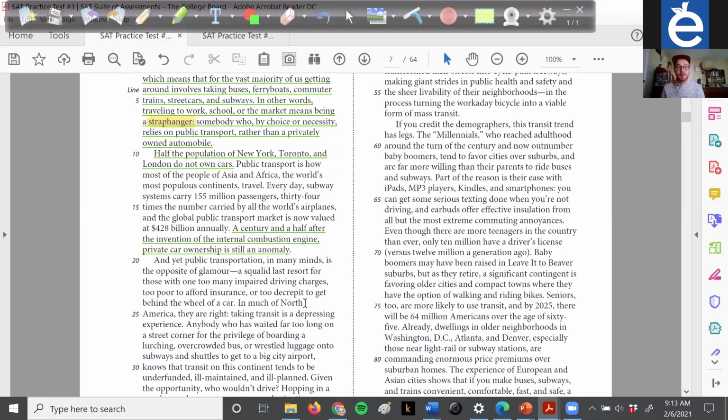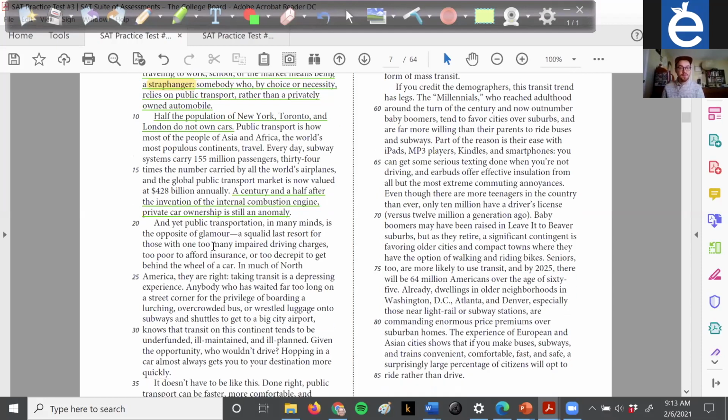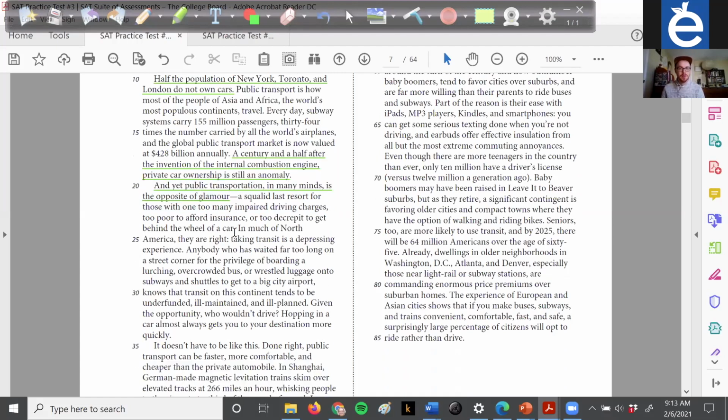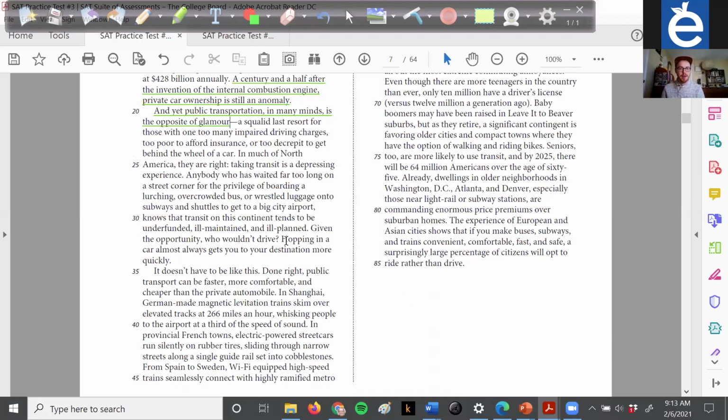Here's what's typical, and here's what's coming, in other words. Yet, public transportation in many minds is the opposite of glamour. And I think we can just stop right there. All they're doing is expanding on that idea. So it's not a glamorous thing in most of our minds. Hopping in a car always gets you to your destination more quickly. It doesn't have to be like this.